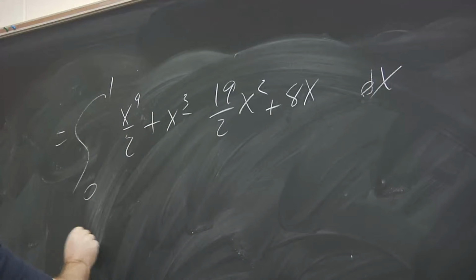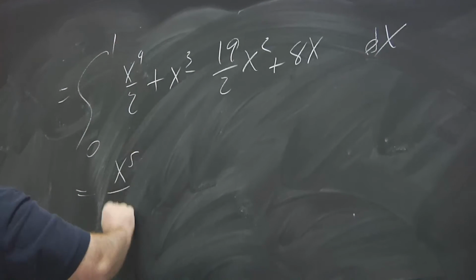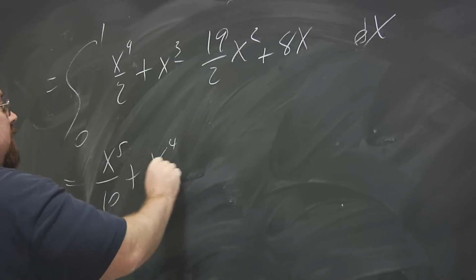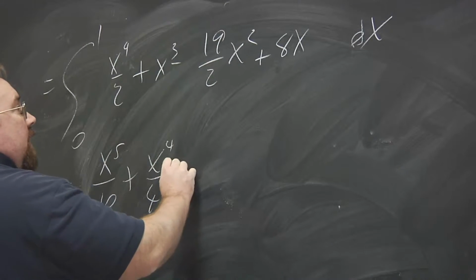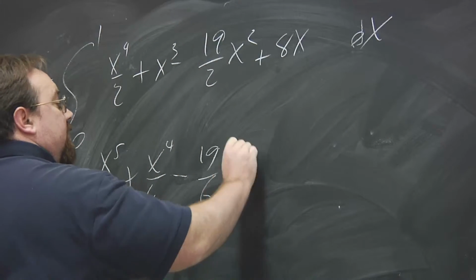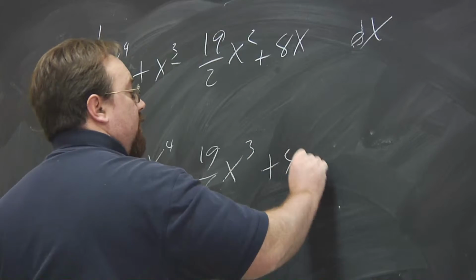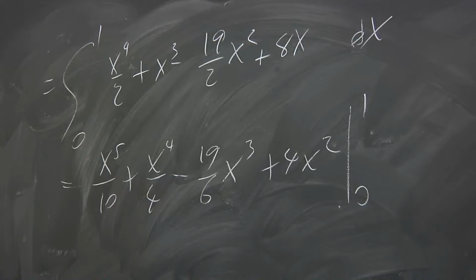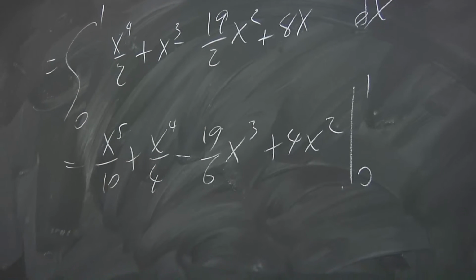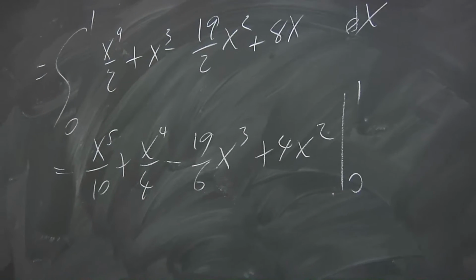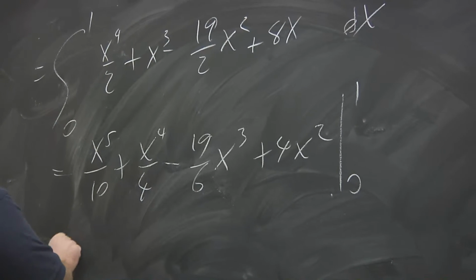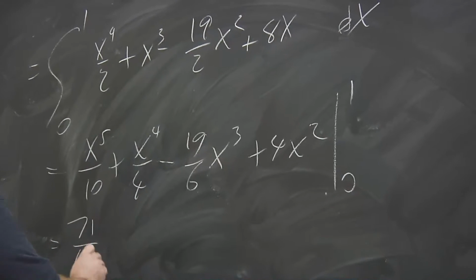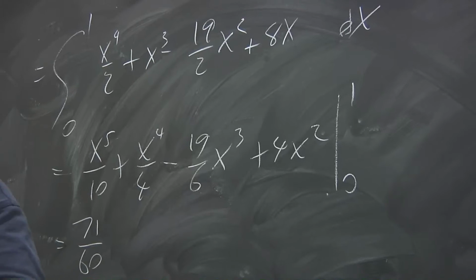So then we just finish this off in the usual way: x to the 4 over 10 plus x to the 4 minus 19 over 6 x cubed plus 4x squared, evaluated at 0 and 1. So then you just plug in your limits and you're done. 71 over 60. All right.